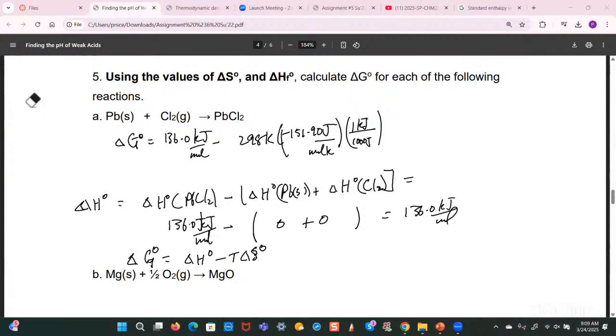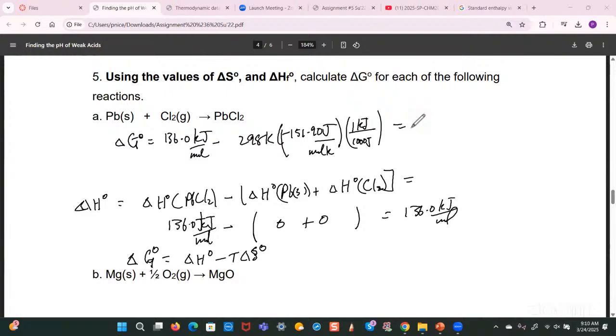Okay, so I'm going to do the 298 multiplied by 151.90 divided by 1,000.